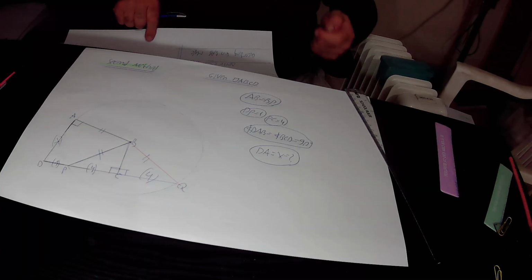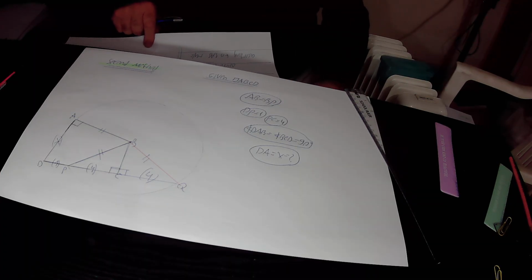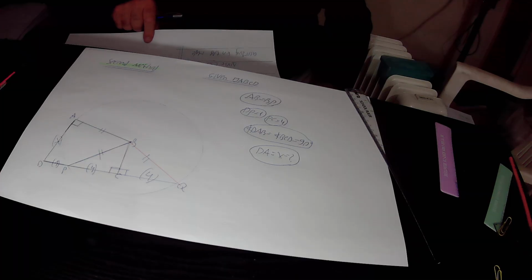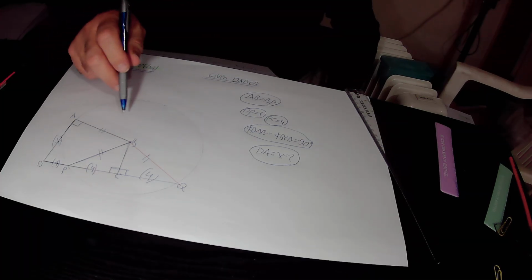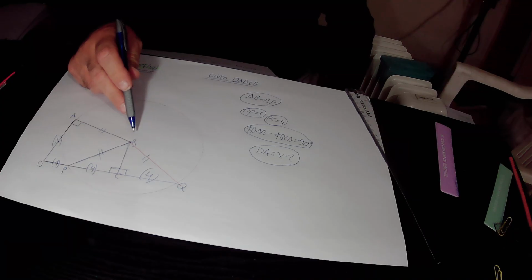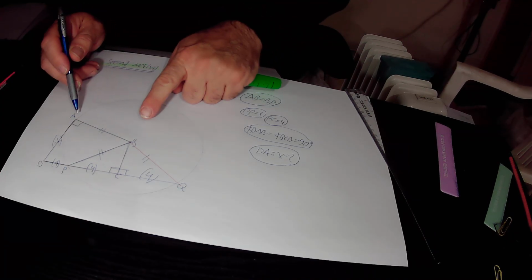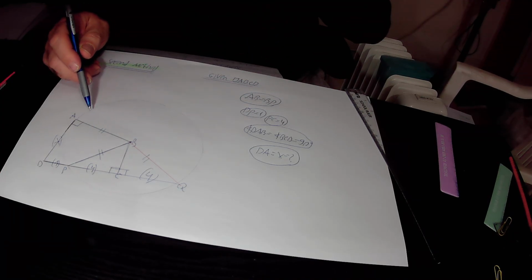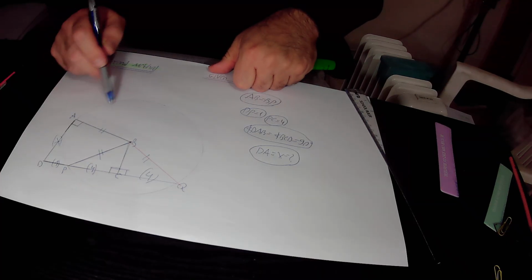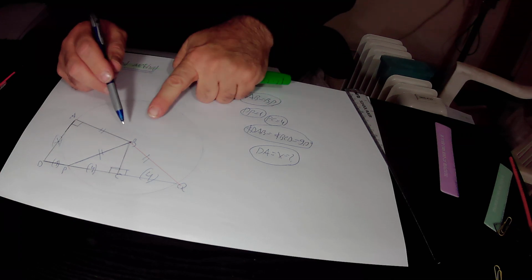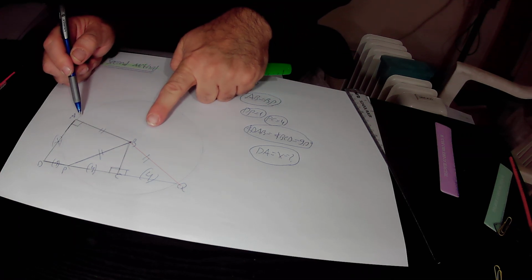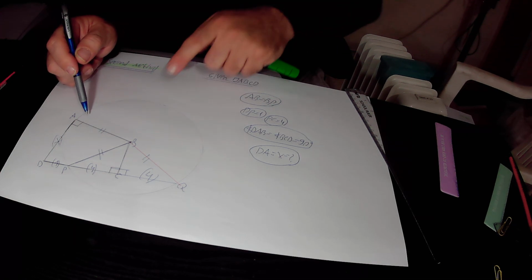In the next step, we will do a construction. That is to say, we will construct a circle around point B in such a way that point B will be the center of the circle and BA will be the radius of the circle.